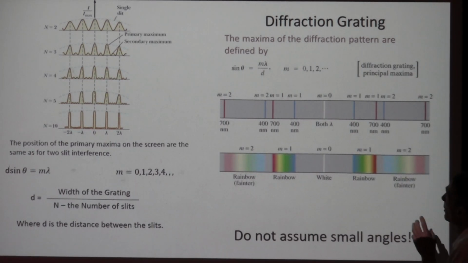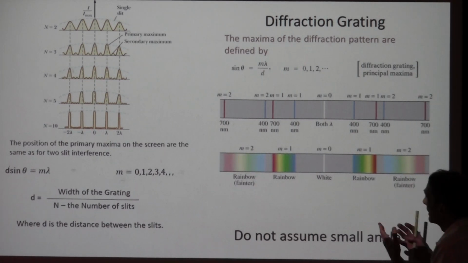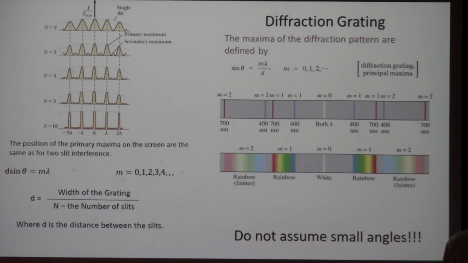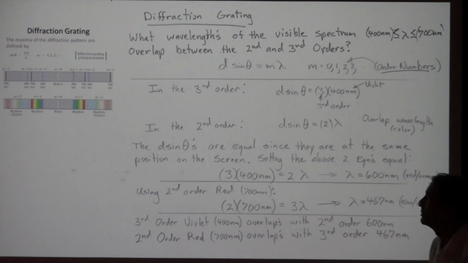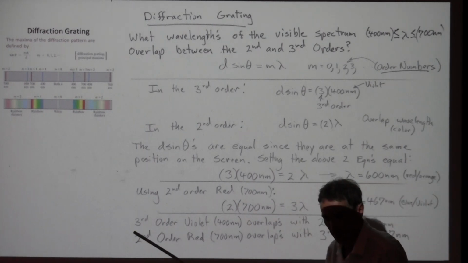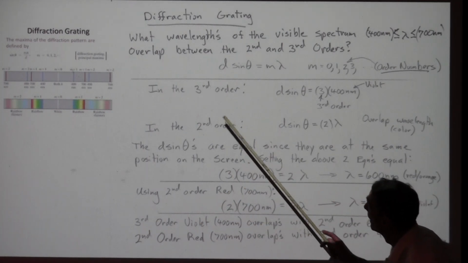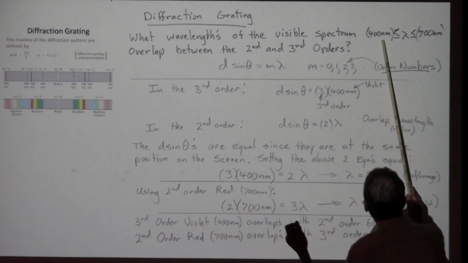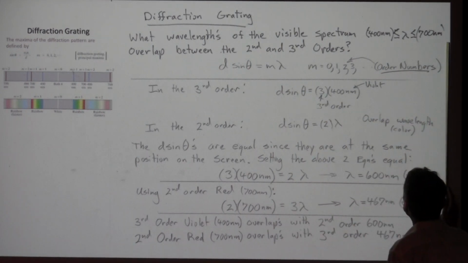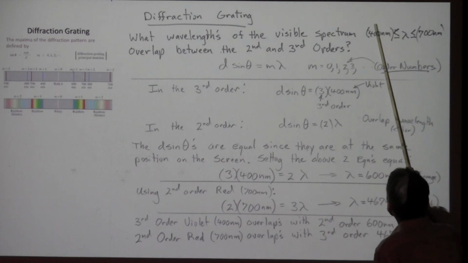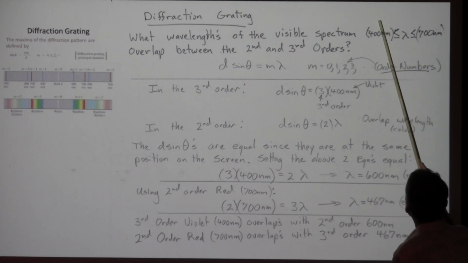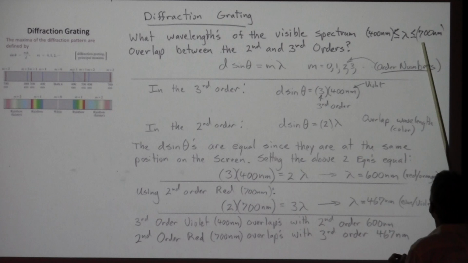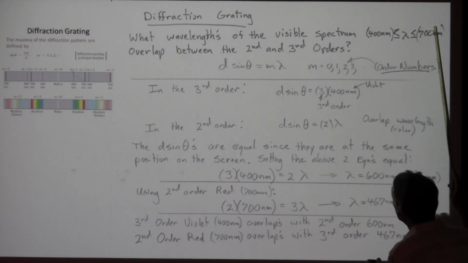And sometimes we need to deal with something like, let me give you a problem for that, a diffraction grating. This is one that gets used on tests. What if the wavelengths of the visible spectrum are between 400 and 700 nanometers? 400 is the short wave, so this is the violet or blue side, and then the longer is reddish.